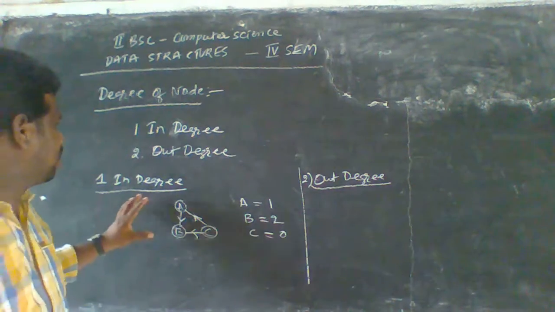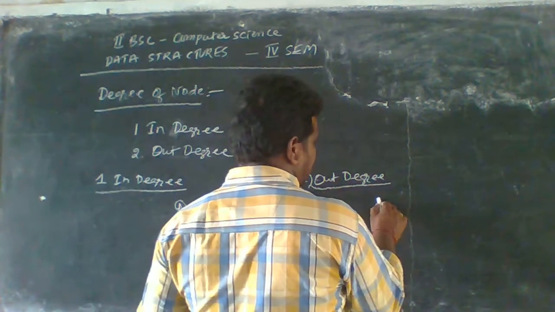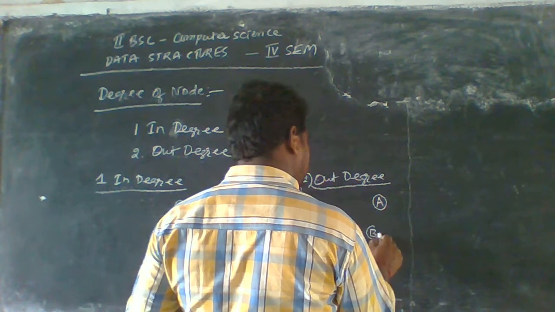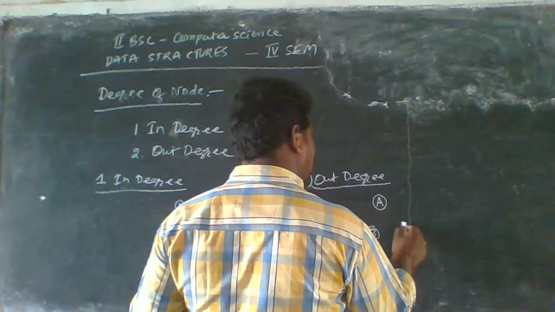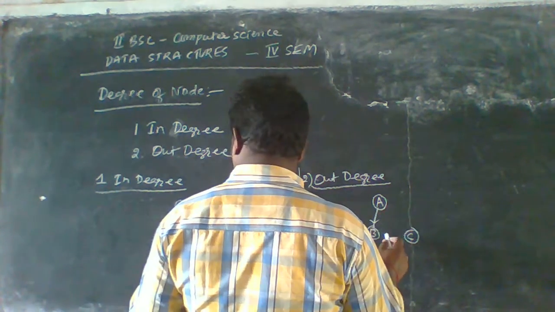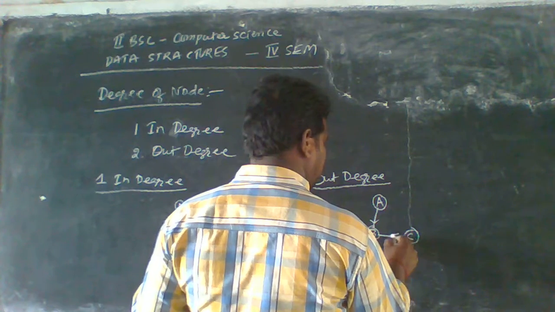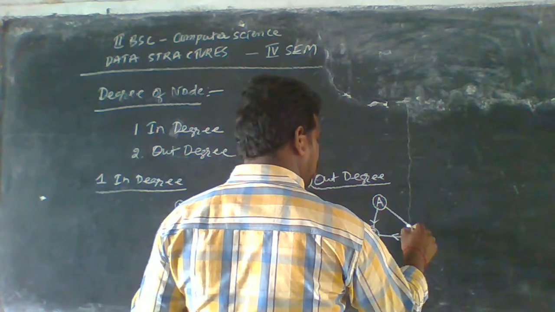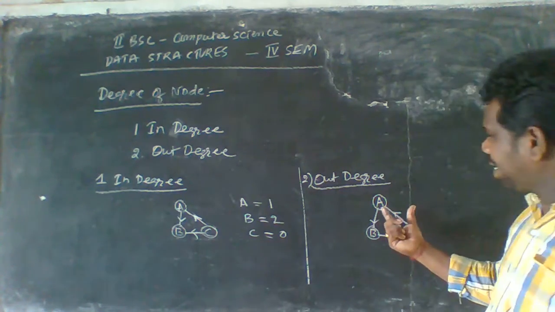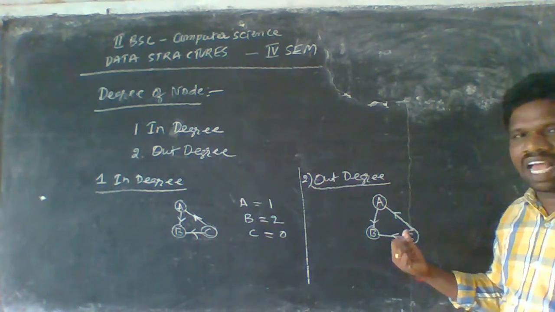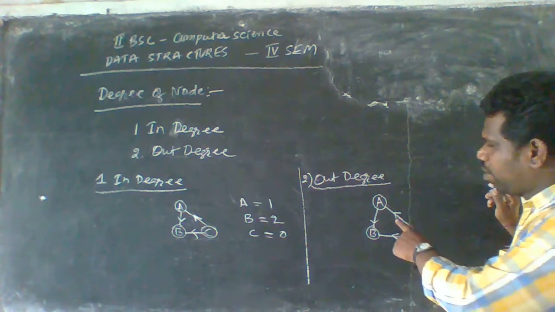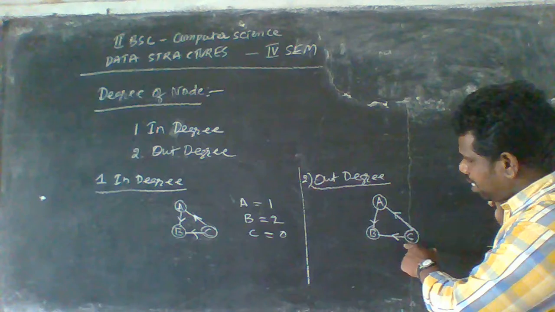If you are specifying this diagram, you have the same diagram with A, B and C, and you have to specify the same directions, C to B. In this diagram A, B, C, we have three nodes, and the directions are also possible in this direction and this direction.